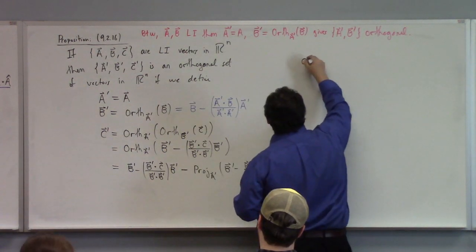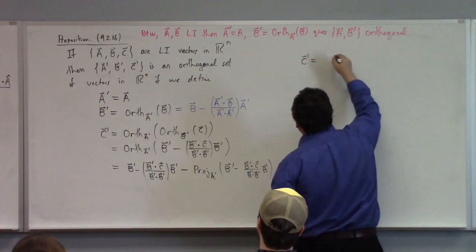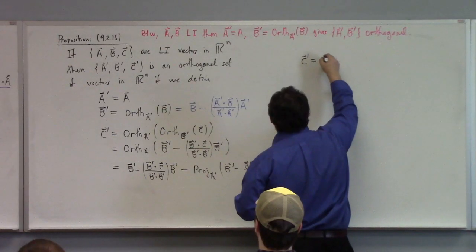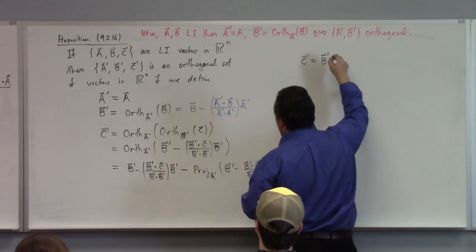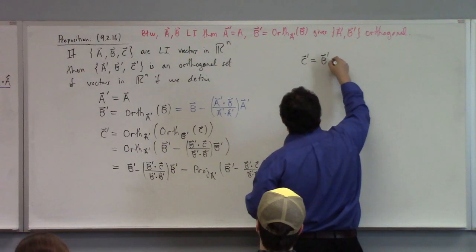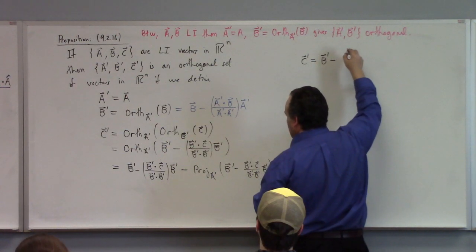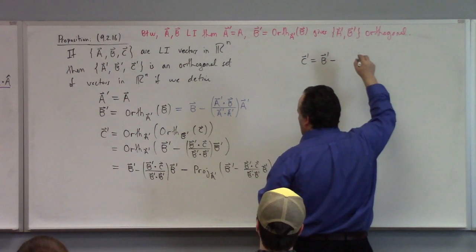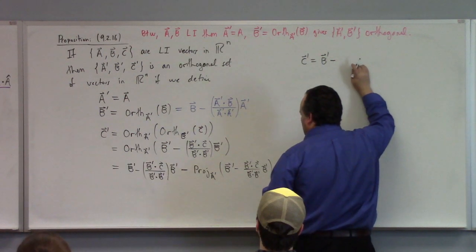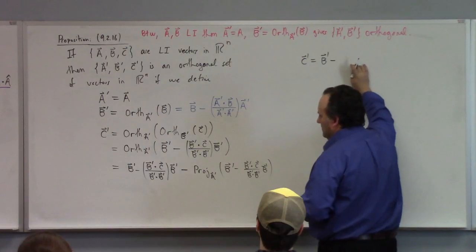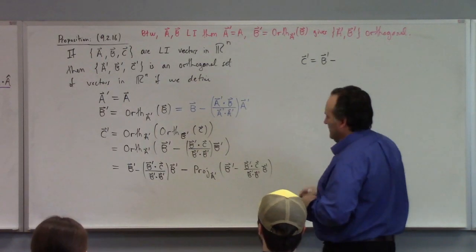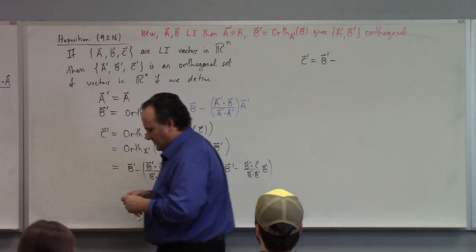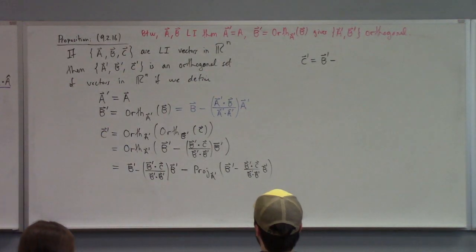So this gives me C prime is equal to B prime minus... Oh no. You guys got to stop me. Is that right? Let's think. Think about this.